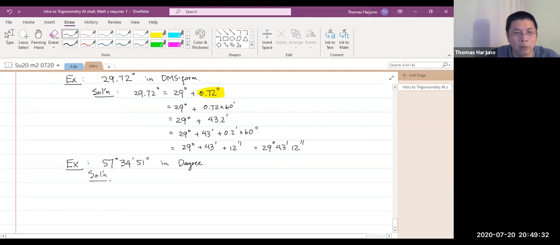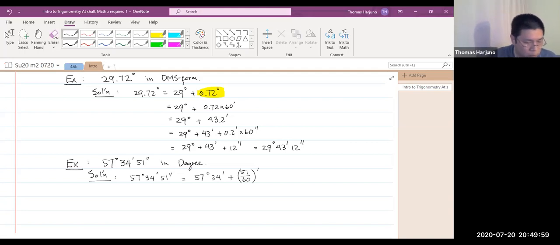We do it from the last part. 57 degrees, 34 minutes, 51 seconds equals 57 degrees, 34 minutes plus 51 over 60. When you divide the seconds by 60, you will get minutes. Okay, 51 over 60 gives me 0.85.